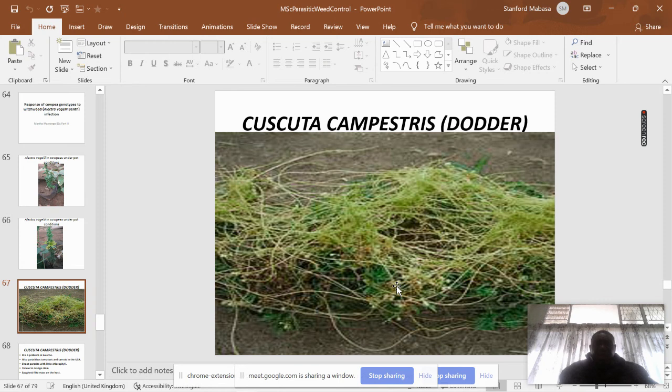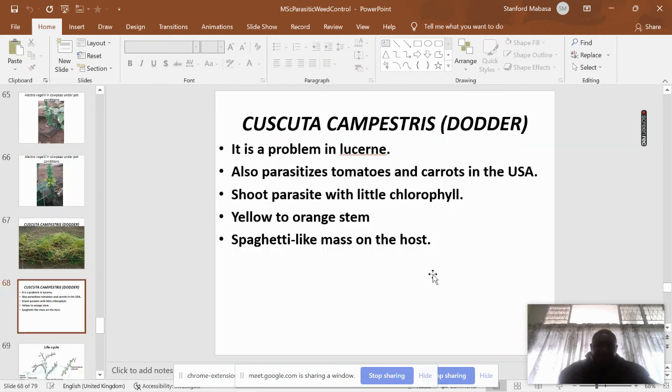Now on Cuscuta campestris, we said it looks like spaghetti on its host. If you see something like this, it could be Cuscuta campestris. It is a problem in lucerne. Also, it parasitizes tomatoes, carrots in the US.